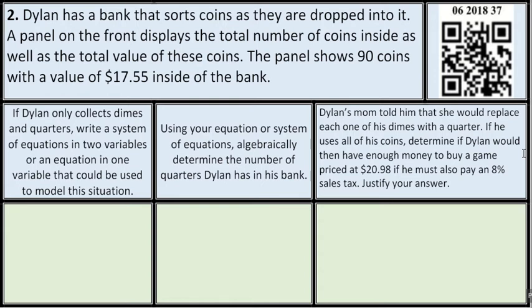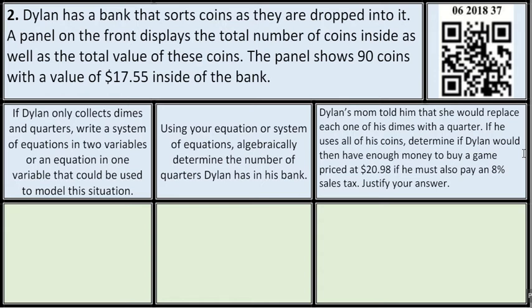Dylan has a bank that sorts coins as they are dropped into it. A panel on the front displays the total number of coins inside, as well as the total value of these coins.